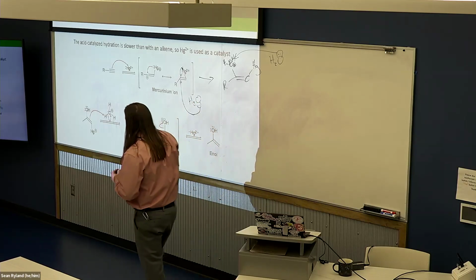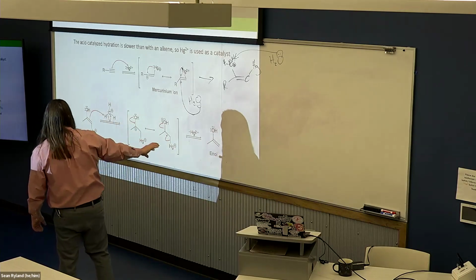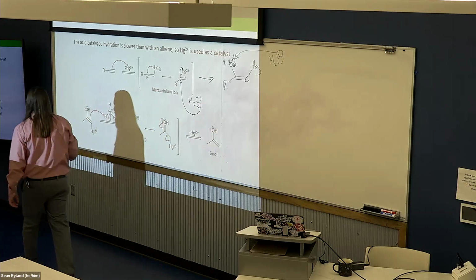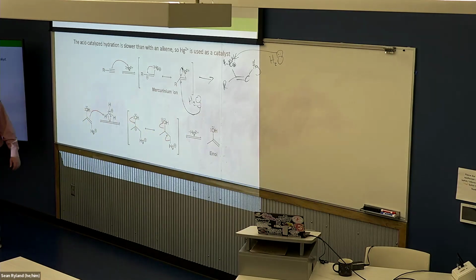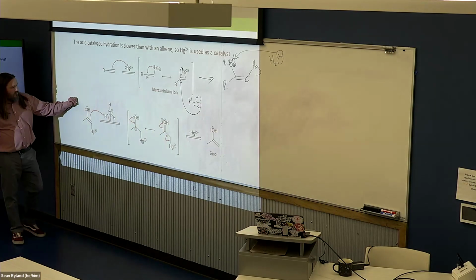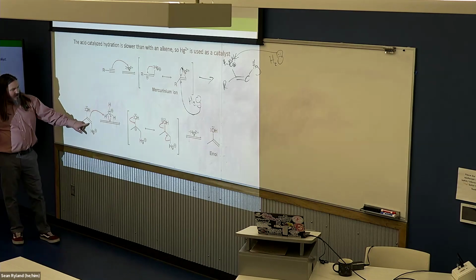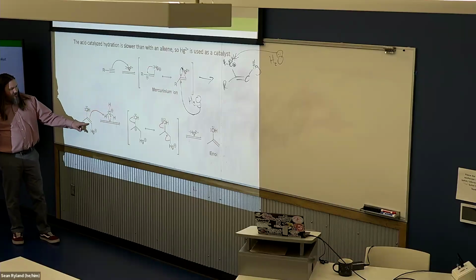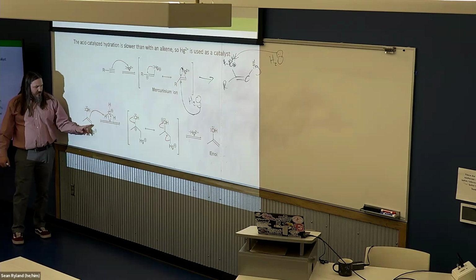And then this bottom part here is where we have a relatively simple mechanism for getting rid of the mercury. Because we still have the pi bond here, the pi bond pulls the hydrogen off, we do a proton transfer to break the pi bond. And that puts the hydrogen on the same carbon that has the mercury.